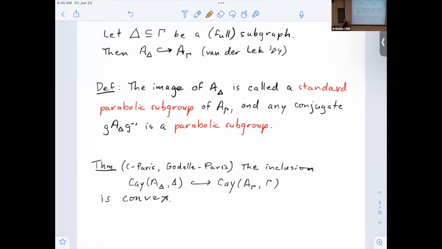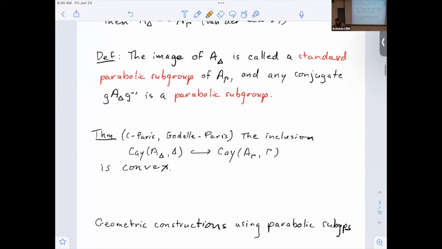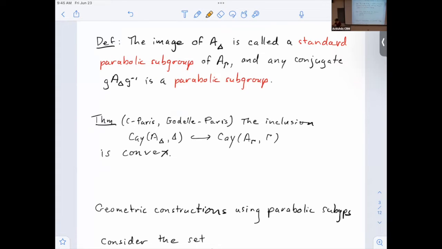You have something like this, and you have something sitting inside of it. Even if geodesics in the smaller thing go to geodesics in the bigger, that doesn't necessarily imply that there aren't other geodesics that connect these. What this is saying is, no, there aren't any other geodesics. All the geodesics live inside this sub thing.